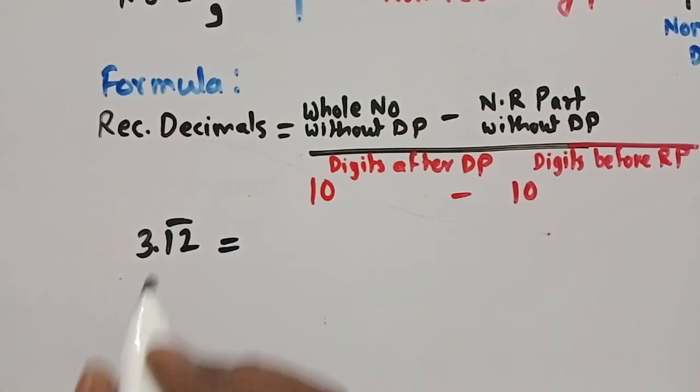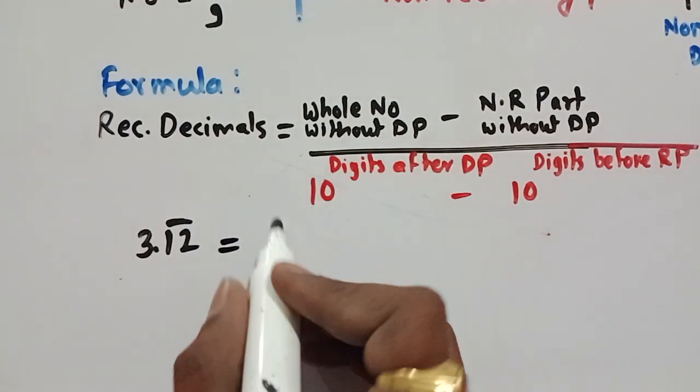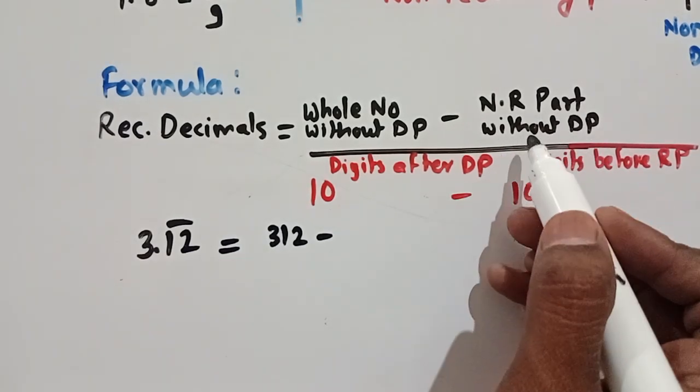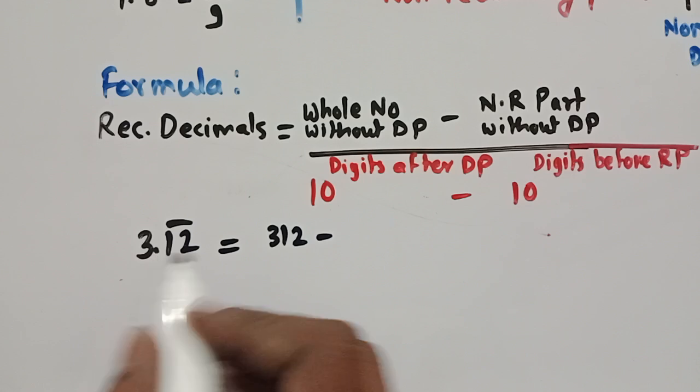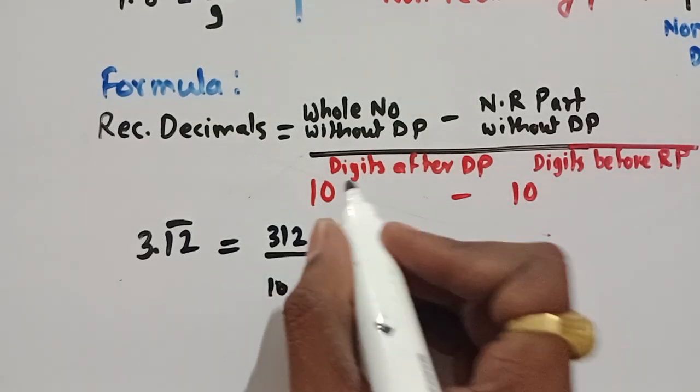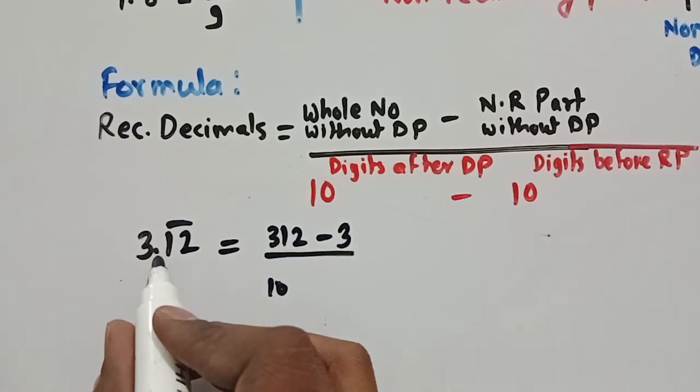3.12 bar. Here, the whole number without decimal point is 312, minus the non-recurring part without decimal point, which is 3, upon 10 to the power digits after decimal point.